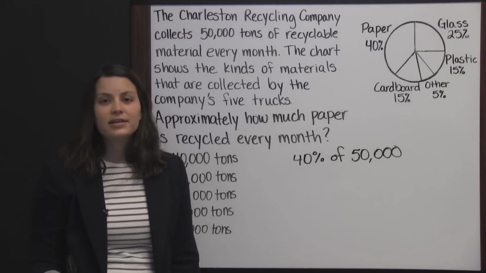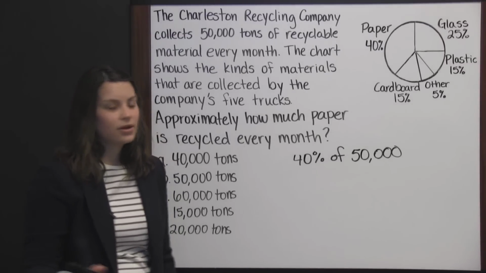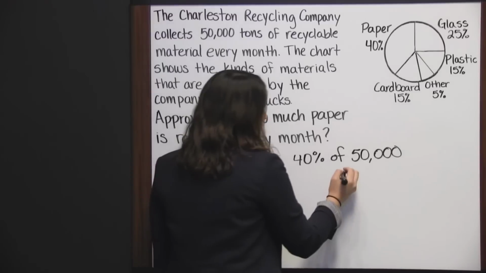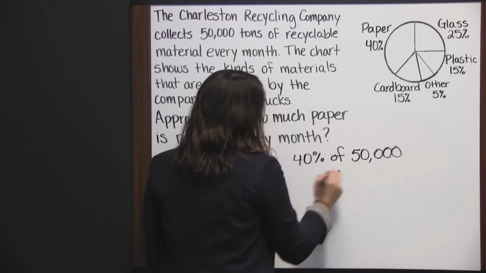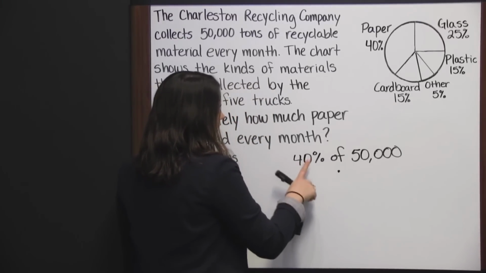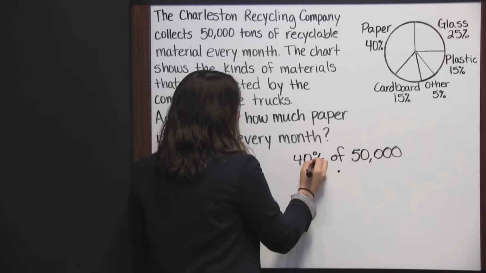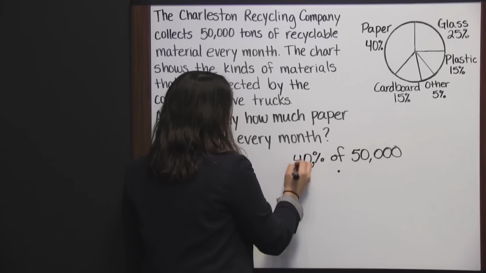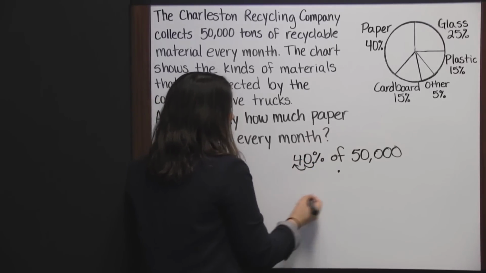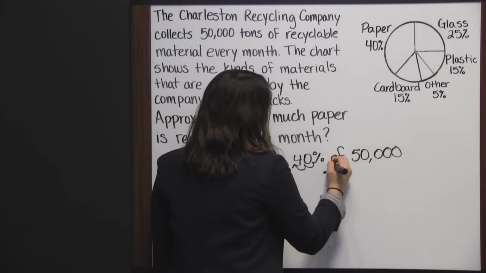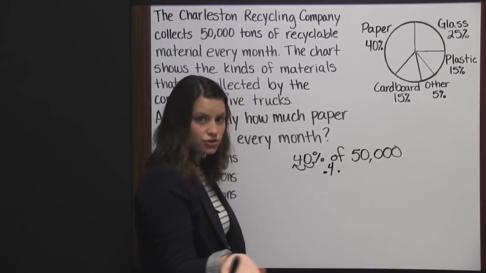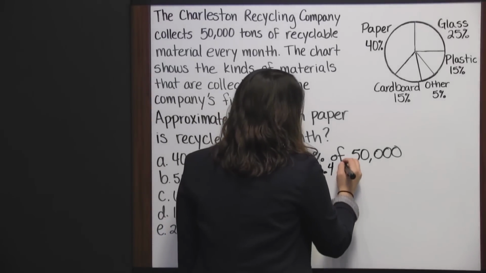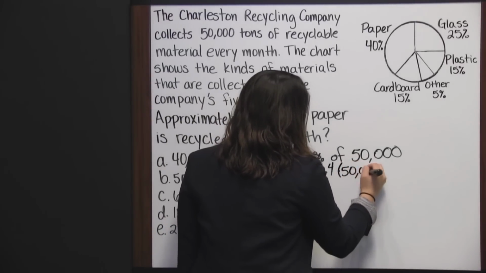And that's what we want to find, is how much is that? Well, of means to multiply. And I'm going to multiply 40% and 50,000, which means I need to change 40% to a decimal. So move the decimal 2 places to the left. So I'm actually multiplying 4/10, or 40 hundredths, it's the same thing, times 50,000.